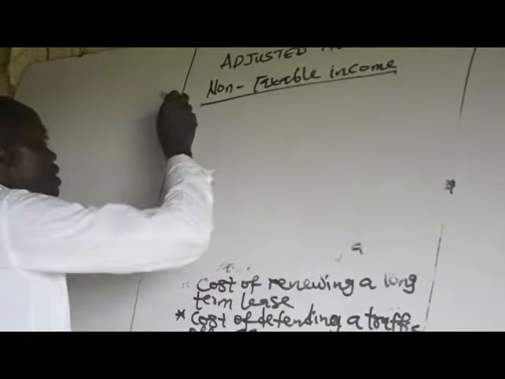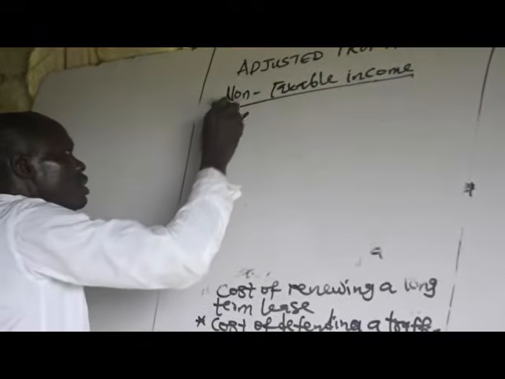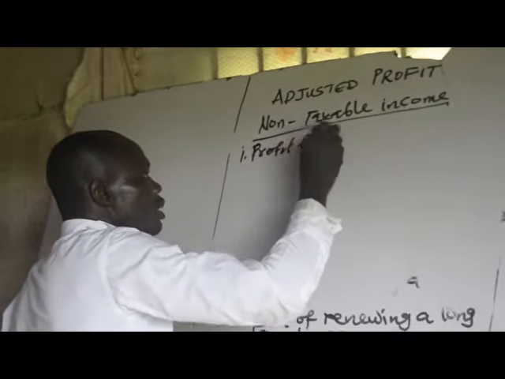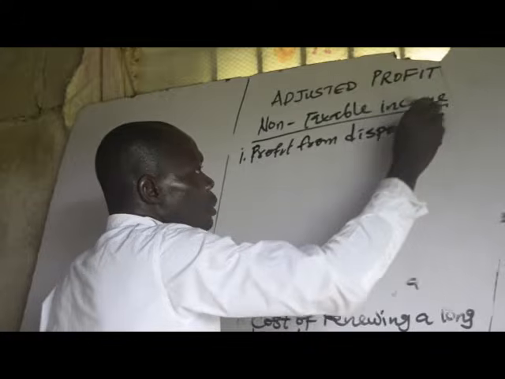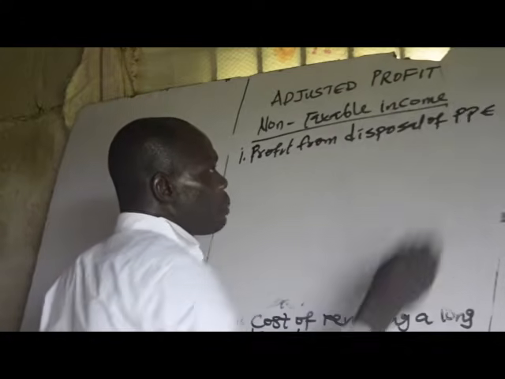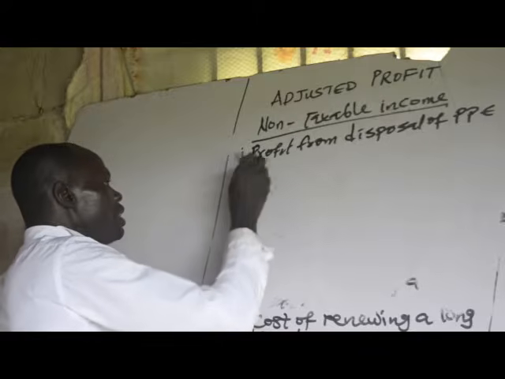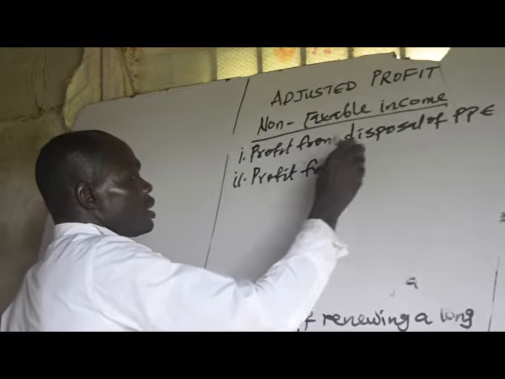We have profits from disposal of PPE, property, plant and equipment. Two, profit from sales of investment.